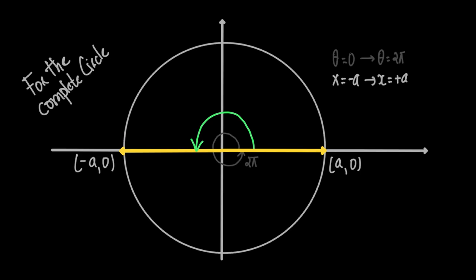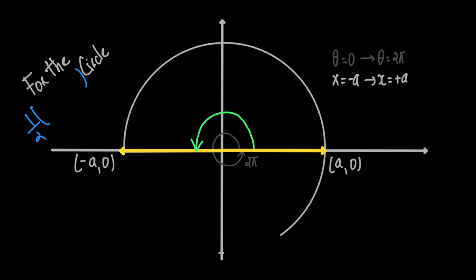That was part 1. Now let's see half of the complete circle, or for that matter, half of a circle. So we don't have this region here. Now, I think I need to be more precise. Let us say for the upper half, how does theta vary here?